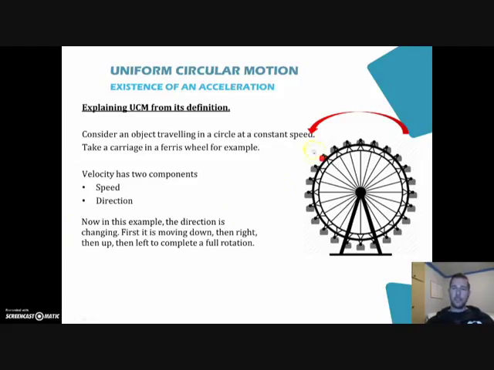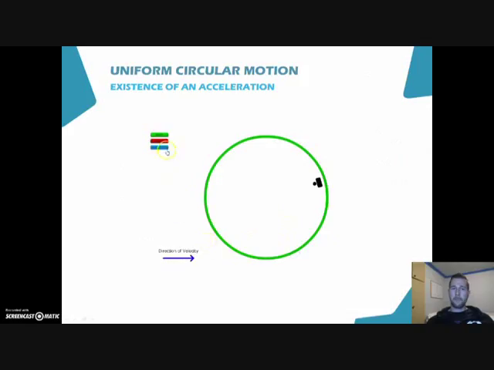So we can see when the carriage is in this location where my cursor is, the direction of travel is out here, and as it goes around, the direction changes. So we can see this more clearly with this example.